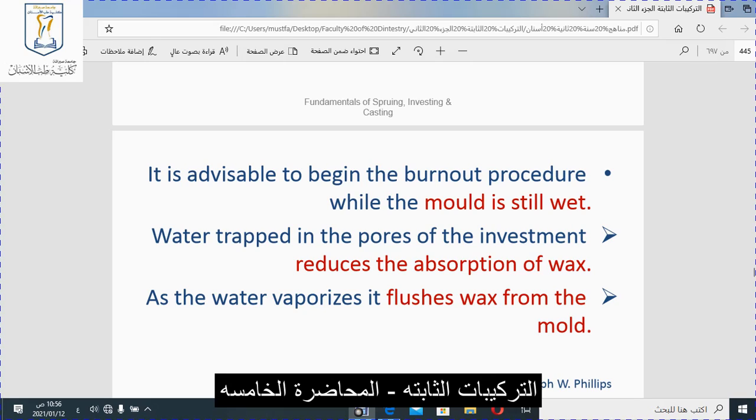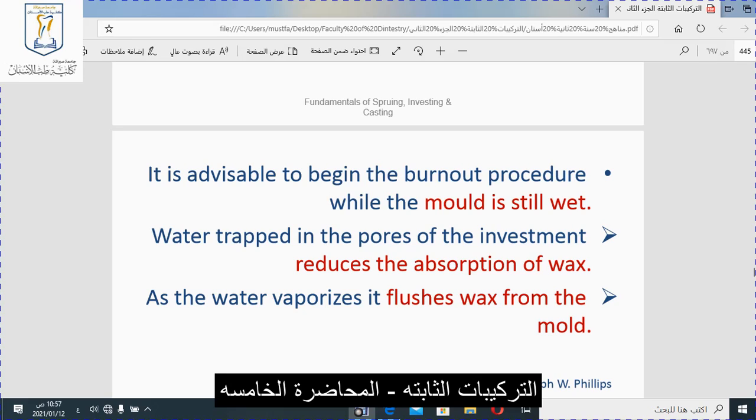So when the investment is dry, the wax will flush and fill the porosity and fill the fins, obstruct the fins and the porosity of the investment, and not allow the air to come out.